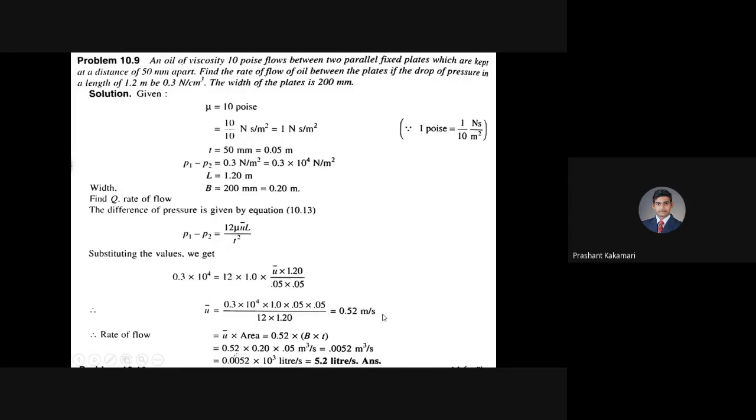Sorry, average velocity is 0.52 meter per second, that is correct. Area is 0.20 meters into 0.05 meters. Once you multiply meter into meter per second, it will be meter cube per second, which means it is a discharge value. So the mass flow rate or the discharge value is 0.0052 meter cube per second.